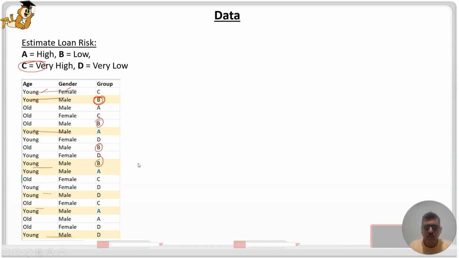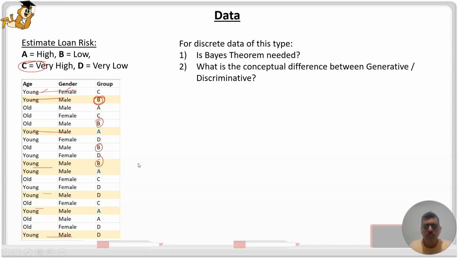The question that would bother you at this time is whether Bayes theorem is needed at all. I mean, earlier I said because there is Bayes theorem, what is the big deal? You could go either way. Now I am making an even more confusing statement: if you are given data like this, you could directly determine the probabilities both ways, even without recourse to Bayes theorem, right?